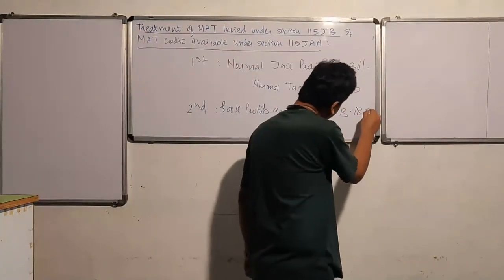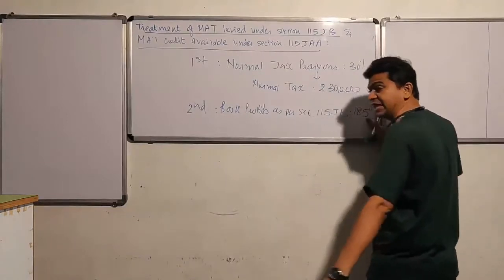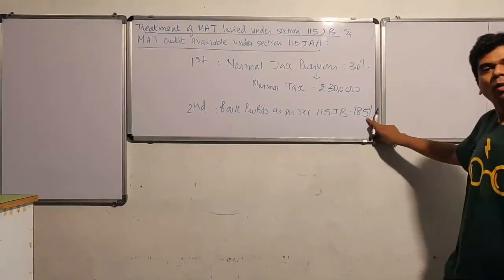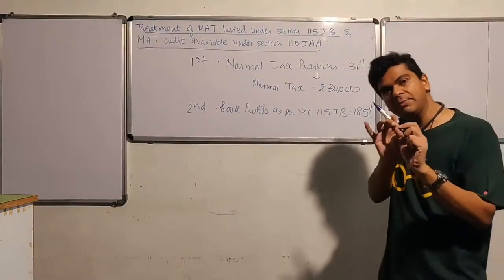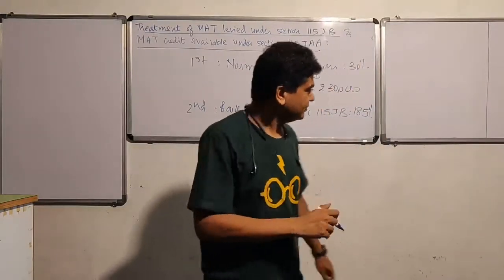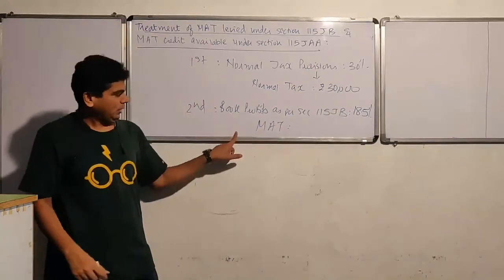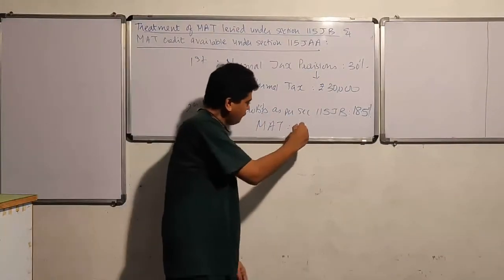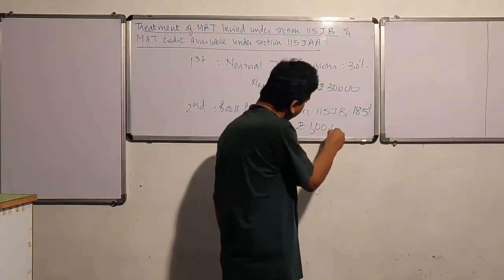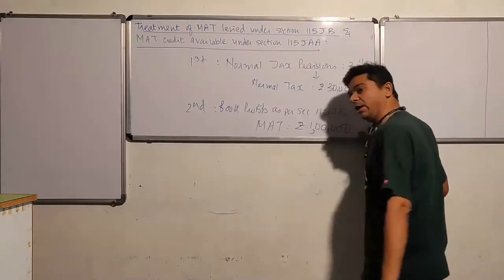Then we have a special rate over here. Right now it is 18.5%. Whatever the book profit is, multiply that by 18.5%. That is what is popularly known as minimum alternate tax. Let's assume for a moment that the minimum alternate tax turns out to be 1 lakh.